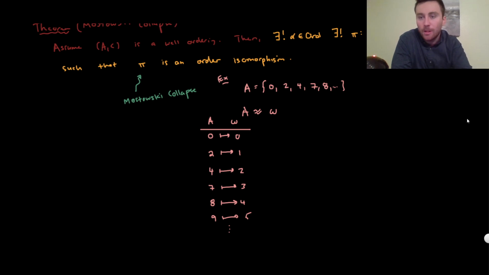We could have listed out A as A0, A1, A2, A3, and so on, and this ordinal is keeping track of what the index is.